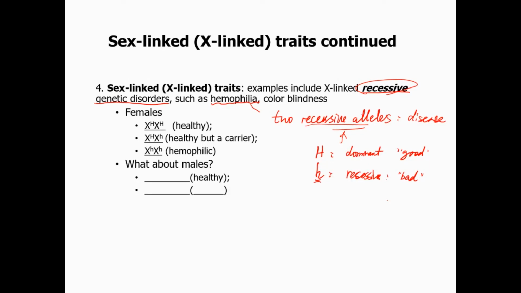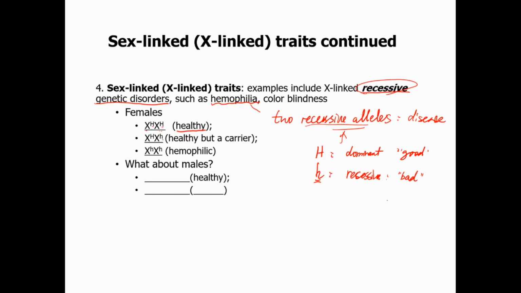So we have to figure out how to write out the genotypes correctly. So if you are a healthy female, then you carry these two alleles on the shoulders of X. You have one form of not showing the disease, one form of being healthy. That's when you have two dominant alleles, then you're definitely healthy.